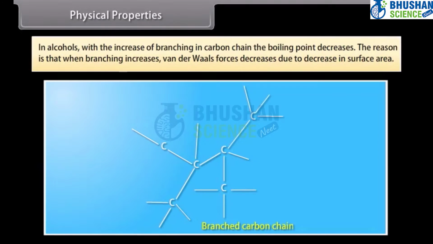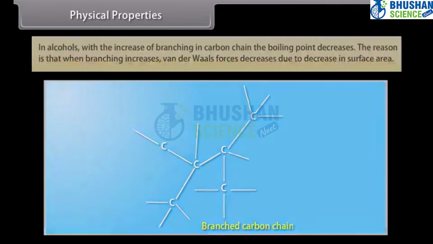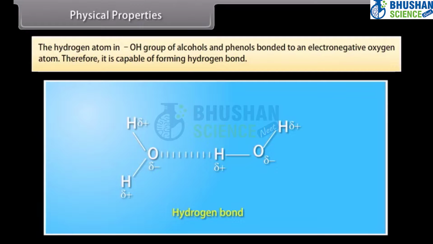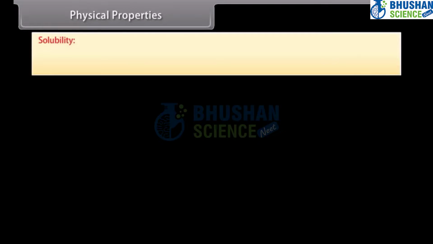In alcohols, with the increase of branching in the carbon chain, the boiling point decreases, because van der Waals force decreases due to decrease in surface area. The hydrogen atom in the OH group of alcohols and phenols is bonded to an electronegative oxygen atom, therefore it is capable of forming hydrogen bond.